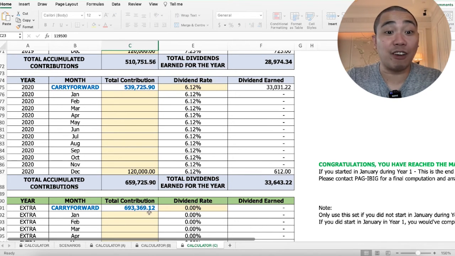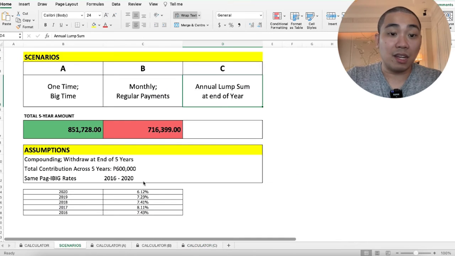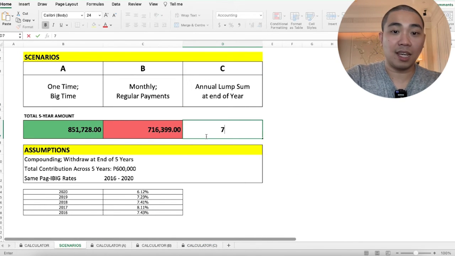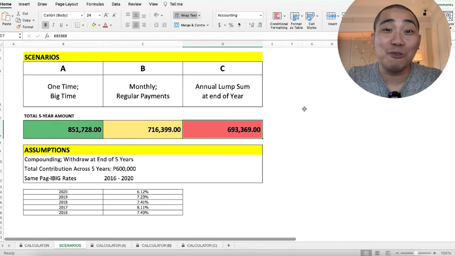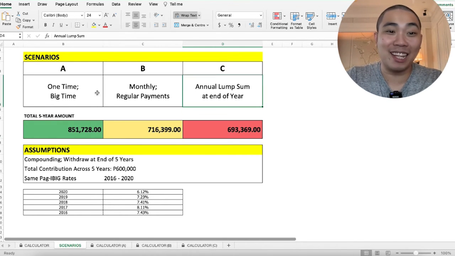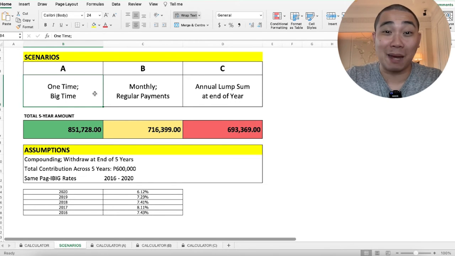At the end of the 5 years, yung accumulated balance mo is 693,369. Which means na hindi pala tama yung nagsabi sa akin na lump sum yung mas mataas. Kulang po yun. Lump sum na mas nauna or mas napaaga yung pinakamataas.